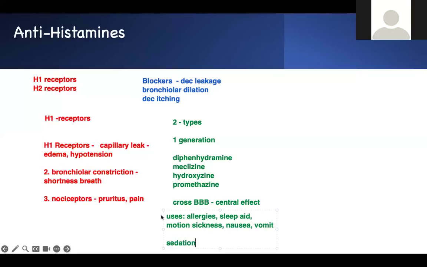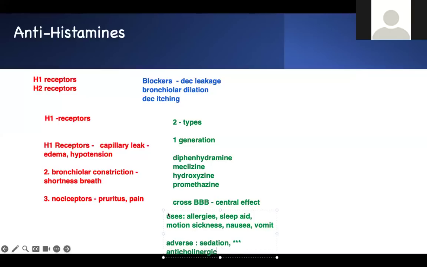This is the main reason why we can use this for sleep aid, and then also some nausea and vomiting, since they affect the brain. So an adverse effect is sedation. Sedation is the biggest side effect of it, but you can use it for allergies, sleep aid, motion sickness, and nausea. Another big one you're supposed to know is anticholinergic.